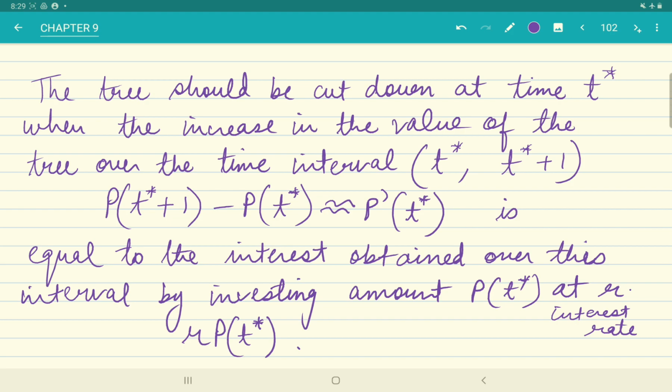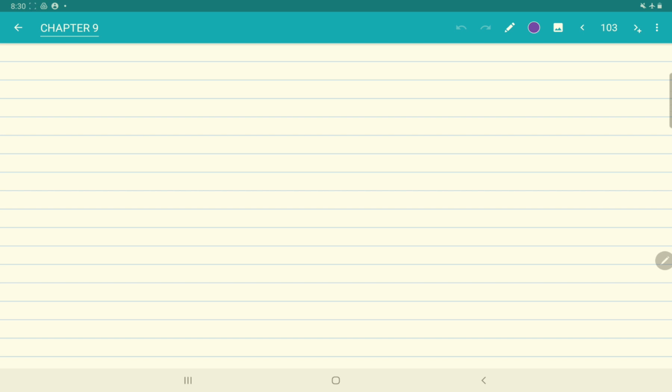We know that at t star, the first derivative of the present discounted value is set equal to 0. But we still don't know whether that t star is maximum, minimum, whatever it is. We still don't know what kind of an extreme point it is, or whether it is an extreme point or not. We just don't know about that. So for that we have to take the second derivative test.